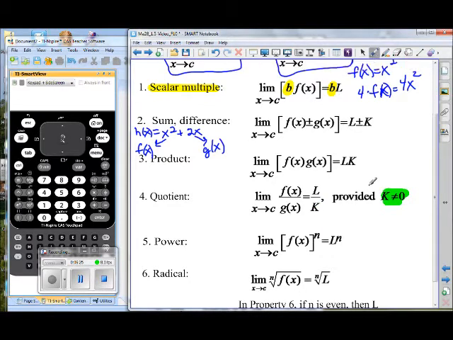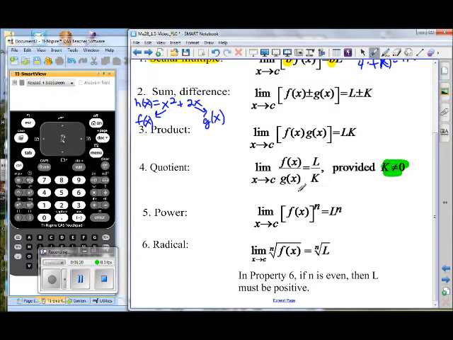So with that one exception, we are going to be able to apply the same rule. Same thing with power. The limit of a function to a power is the limit to a power, and the radical of the limit of the radical of a function is the radical of the limit. Again, being careful that we always have a positive quantity in there.